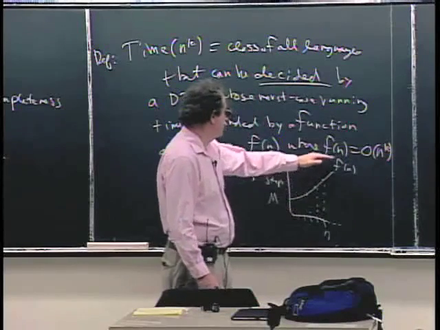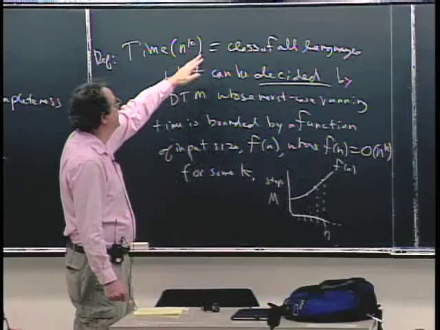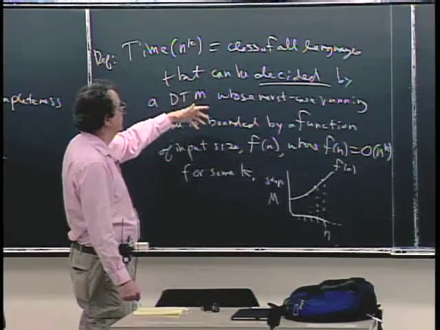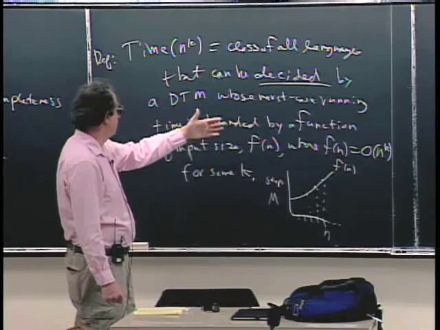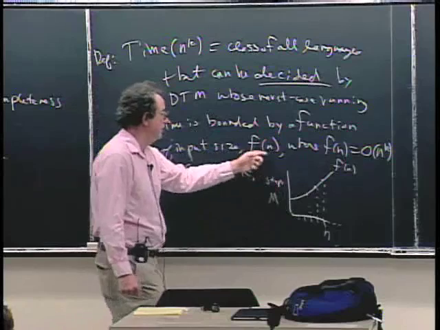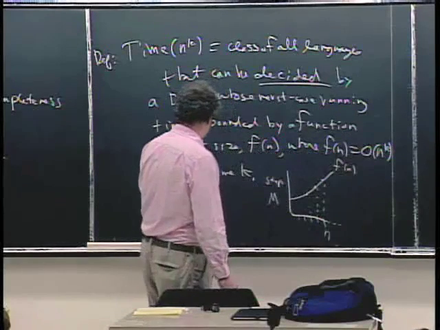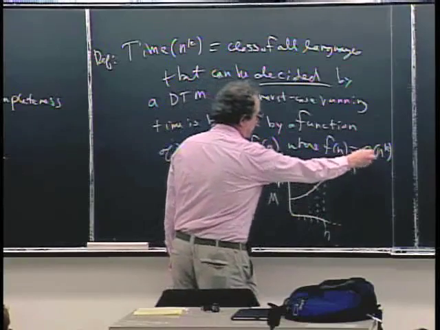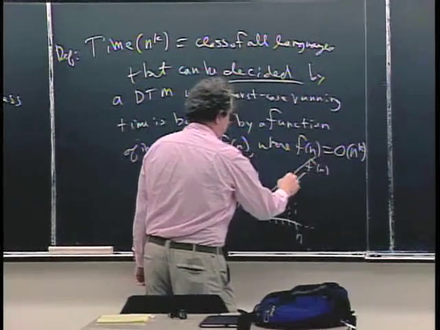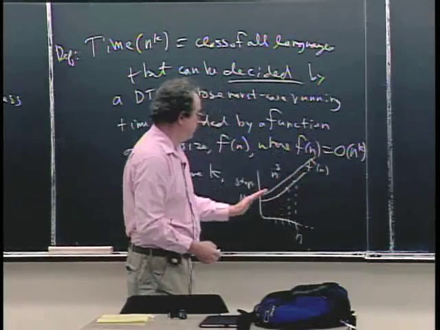And so this is the time n to the k, it's the class of all languages that can be decided by a deterministic Turing machine whose worst case running time is bounded by a function of input size, f of n, that's what this thing is over here, where f of n is bounded by some polynomial function. So, big O of some polynomial function. So, for example, this might be n cubed. Okay? So this f of n is bounded by n cubed.